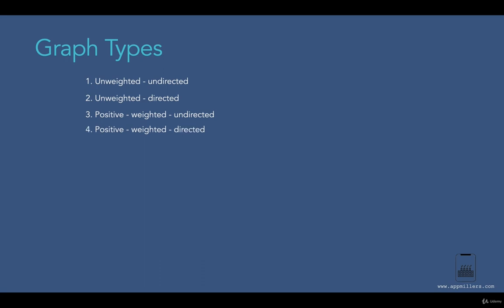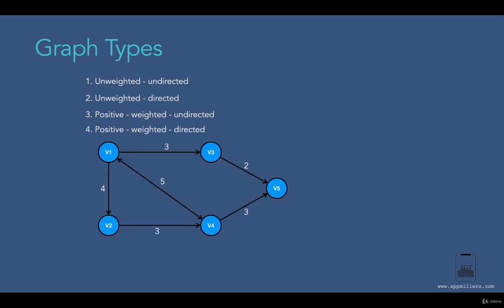Now the fourth category is positive weighted directed graph. In this case it's obvious that the weights associated with the edges are positive, so we don't have any negative number. You can easily see that all numbers here are positive, and we have numbers associated with the edges, so that's why it's called weighted. But in this case we have specific directions.